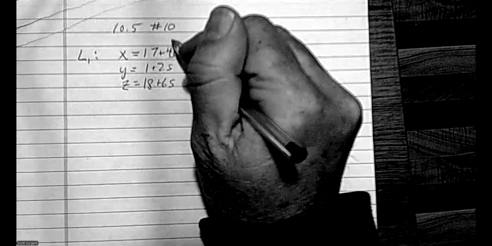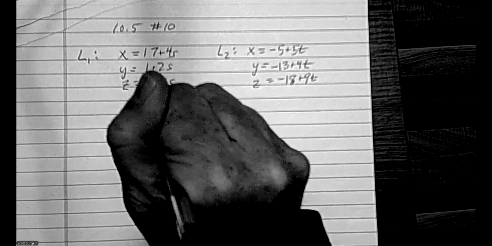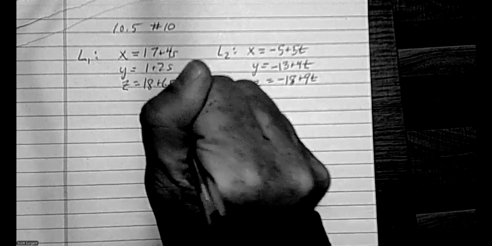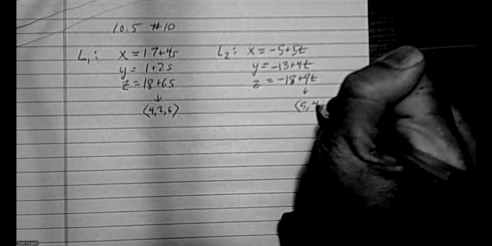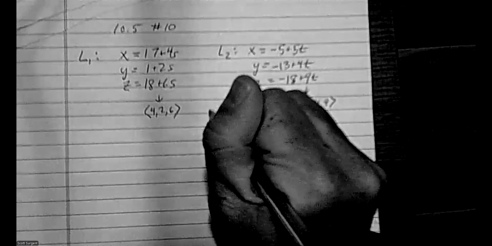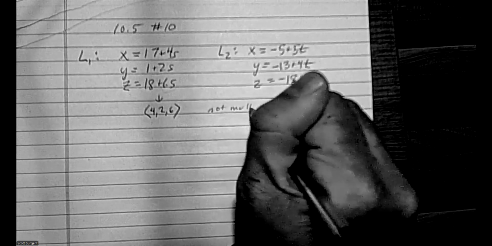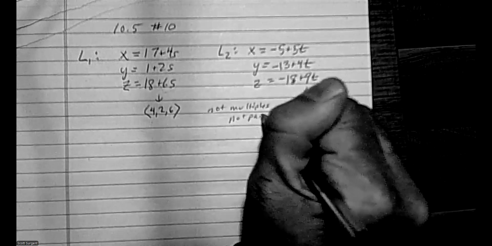Just look at the coefficients of the parameters. This one has a direction vector of 4, 2, 6. This one has a direction vector of 5, 4, 9. These are not multiples of each other, so they're not parallel. That part's easy.